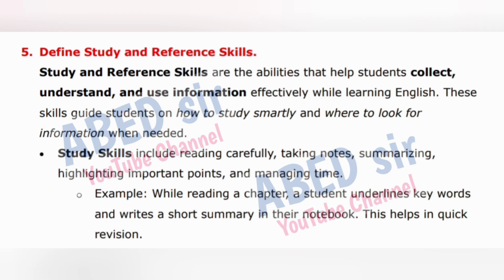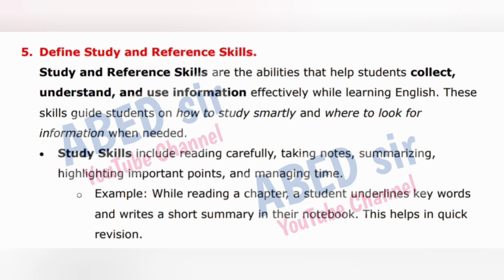Study and reference skills are the abilities that help students collect, understand, and use information effectively while learning English. These skills guide students on how to study smartly and where to look for information when needed. Study skills include reading carefully, taking notes, summarizing, highlighting important points, and managing time.